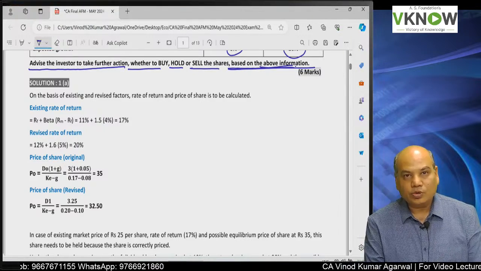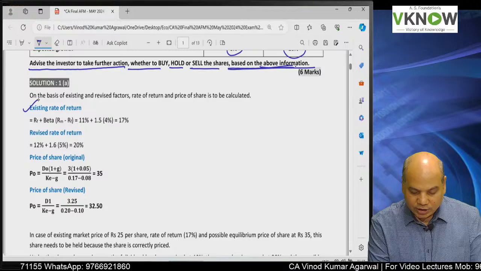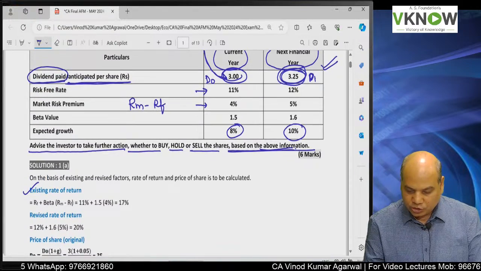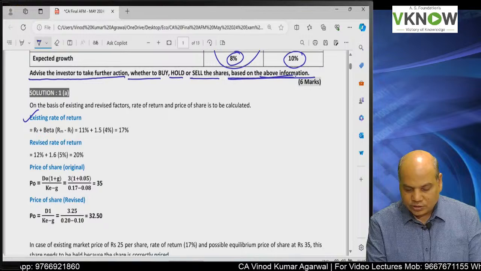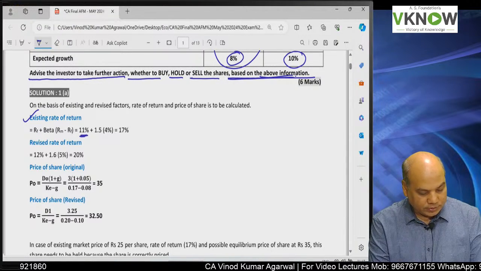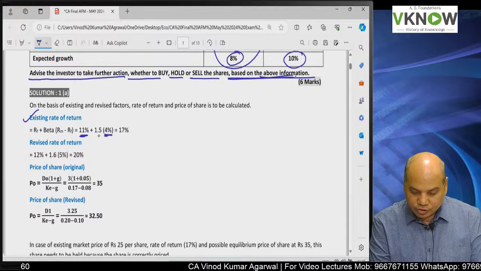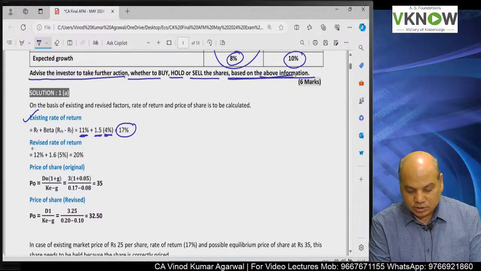Okay, so I'm going to give you the answer. First we'll compute the existing rate of return, which is based on existing data. Based on existing data, risk free return is 11, risk premium is 4 and beta is 1.5, so it comes to 17%.